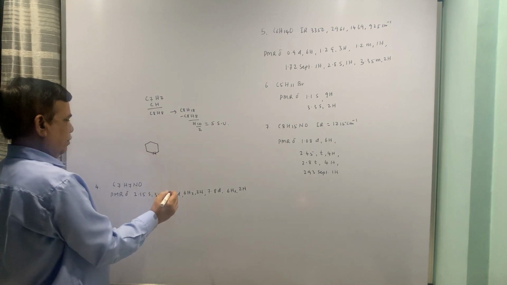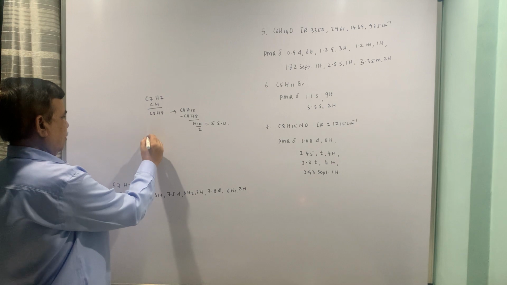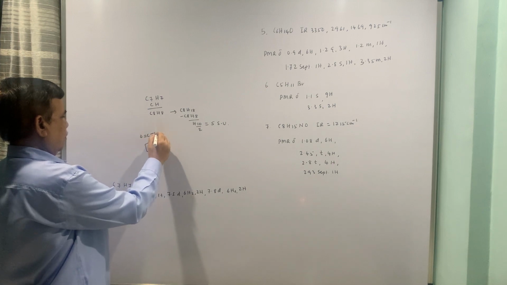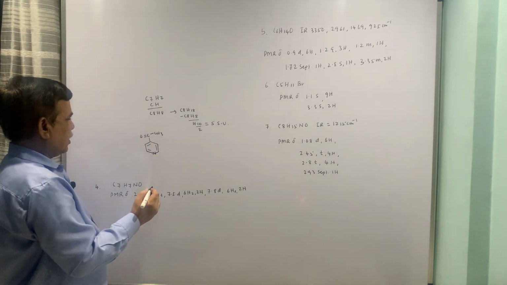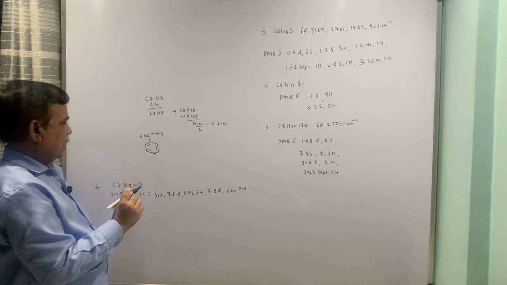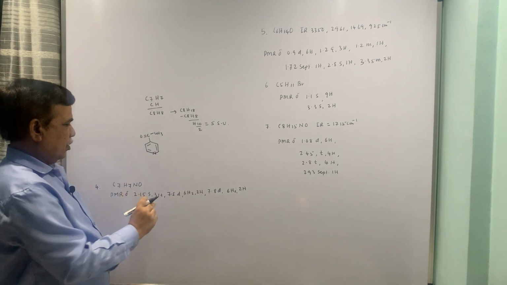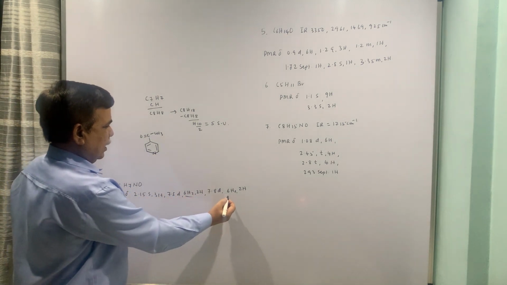Nitrogen I am putting, COCH3, 4 aromatic hydrogens are there. So this is slightly higher.